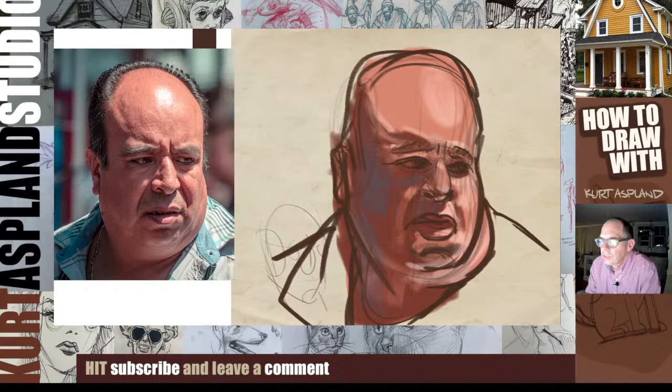Look, I just noticed this bright highlight on his nostril. I didn't get that on my first pass, and then he has this bright highlight coming down the top of his nose there.